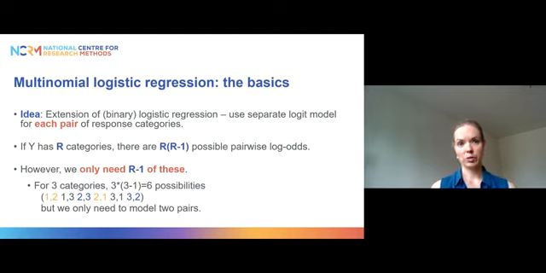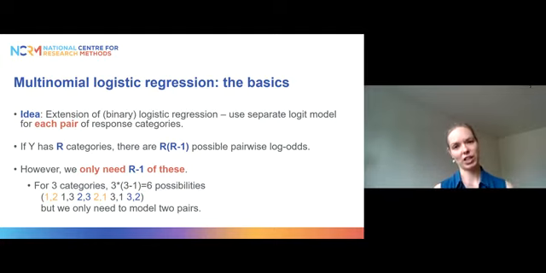If our outcome variable has R number of categories, then there are R times R minus 1 possible pairwise models that we could run. But luckily we don't have to run as many models. Actually we only need R minus 1 of these models.